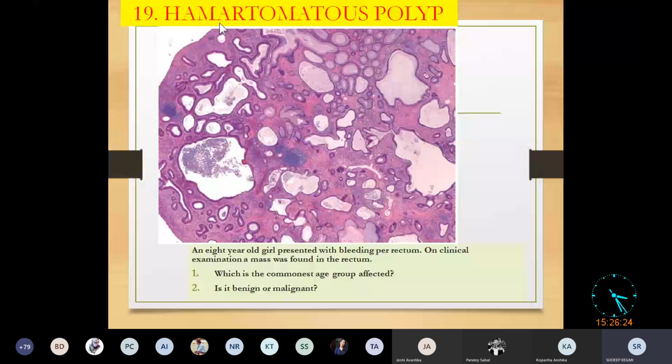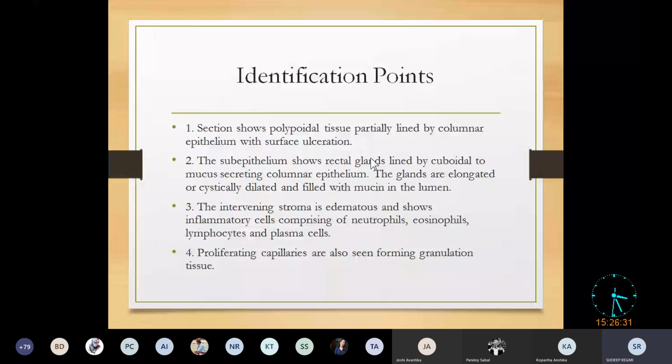Then the subepithelium shows rectal glands lined by cuboidal to mucus secreting columnar epithelium. The glands are elongated or cystically dilated and filled with mucin in the lumen. The intervening stroma is edematous and shows inflammatory cells comprising neutrophils, eosinophils, lymphocytes, and plasma cells. Proliferating capillaries are also seen forming granulation tissue.